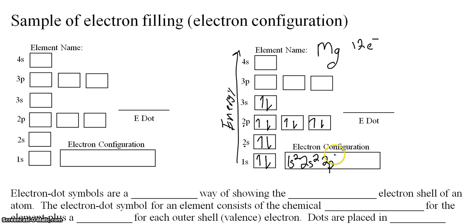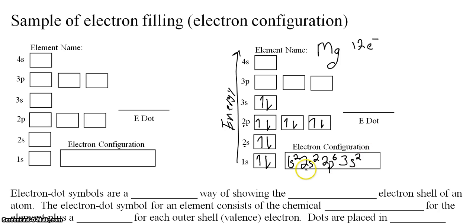Hopefully you have now written that it has 6 electrons. Okay, and then I have 3s, and how many electrons are in there? You should write that it has 2 electrons. So we would say that the electron arrangement for magnesium is 1s2, 2s2, 2p6, 3s2.